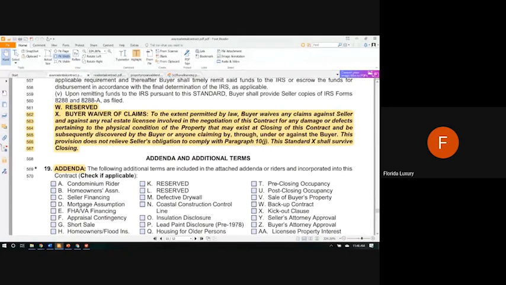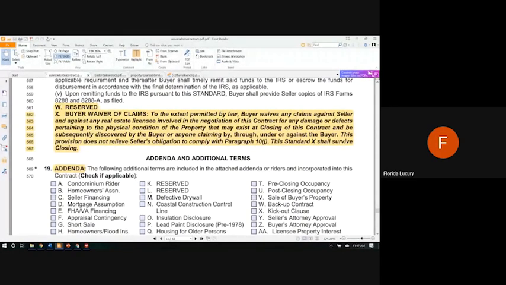It does not relieve the seller's obligation to comply with paragraph 10J, which is, now for the 4th time, the material defects. So this still doesn't relieve the seller from not making material defects known to the buyer. This is now the 4th time that this has been mentioned between the property disclosures, the contract, and now in here.